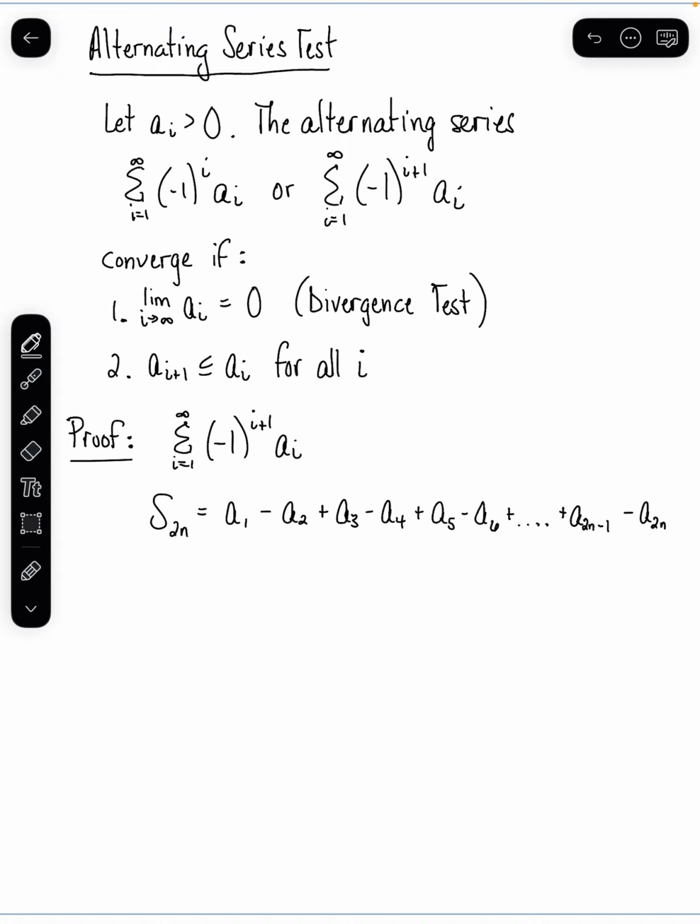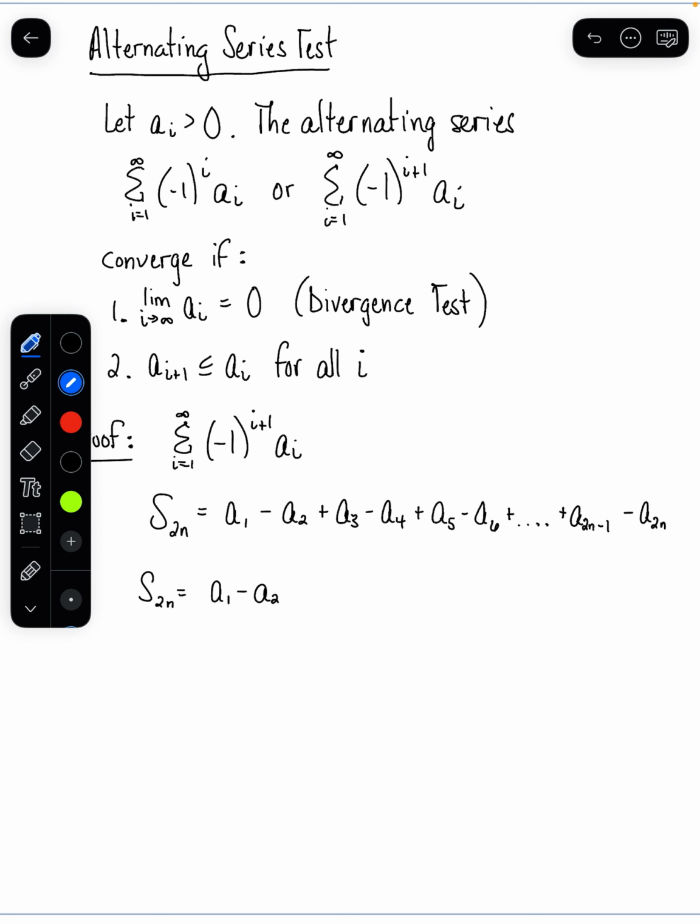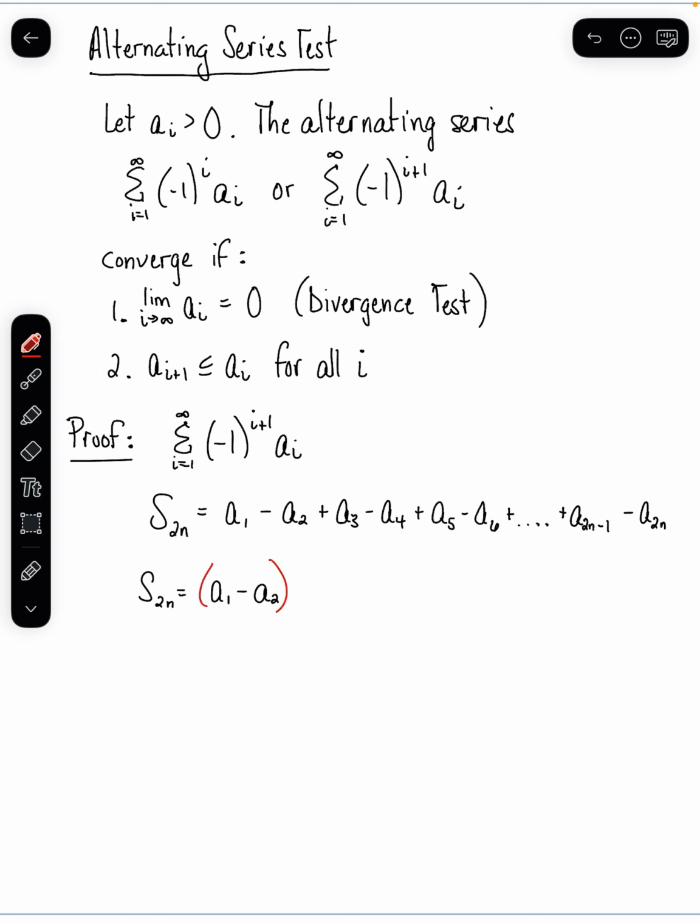What we can do then, by the associative property of addition, is group these terms together in pairs. I can take a sub 1 minus a sub 2 and pair them together.